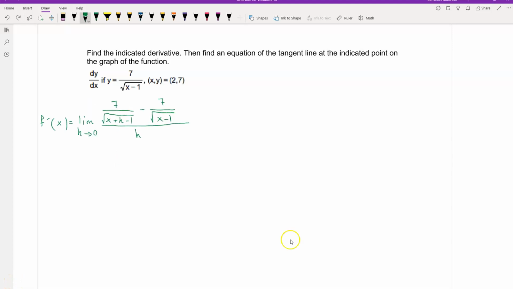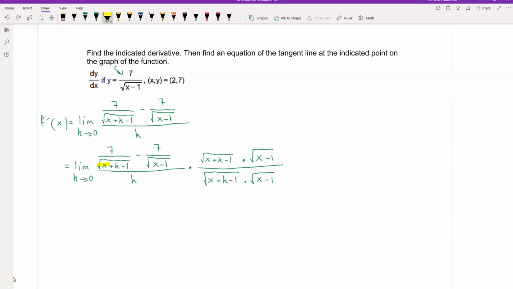So finding f prime of x, that is equal to the limit as h approaches 0. In the numerator we have 7 divided by the square root of x plus h minus 1. This is what we have for f of x plus h. Then subtract f of x, and that is what is given here on this part, 7 divided by the square root of x minus 1. And finally divide by h.